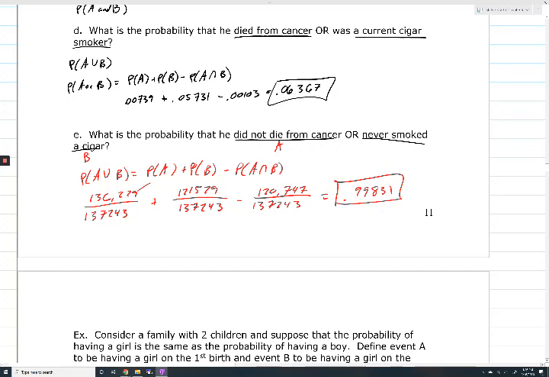So probability of A, probability of B, probability of A and B. We add the first two, subtract the second one, and then we get a probability of 0.99831 is the probability that they did not die from cancer or that they never smoked a cigar.